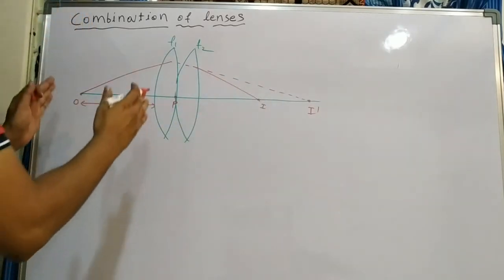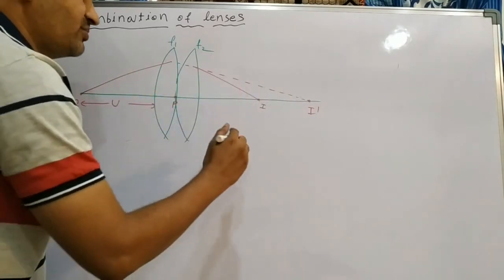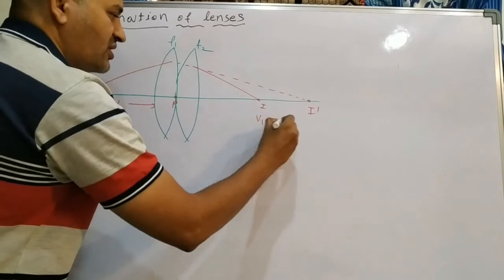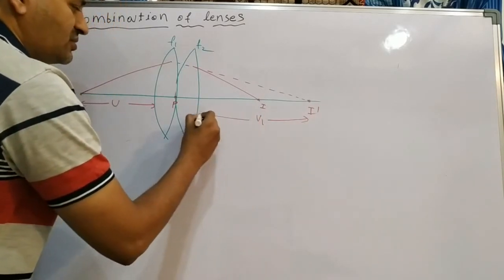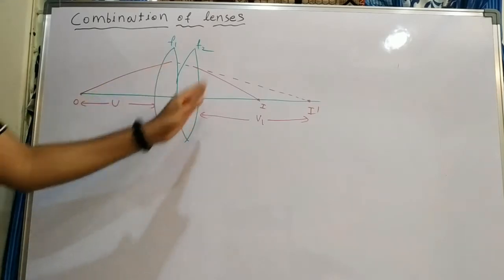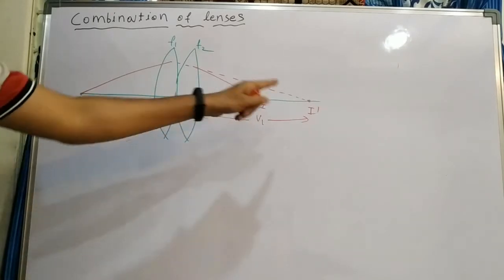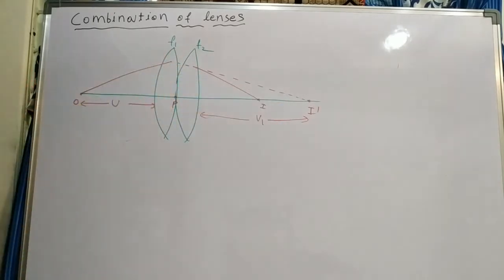Take the object distance as u for the first lens, and the image distance, with I dash as the image, you can take as v1 or v dash. That is the image distance of the first lens. And what is the object distance of the second lens? This will be modified and the final image forms here. So I1 is the object for the second lens and I is the image.